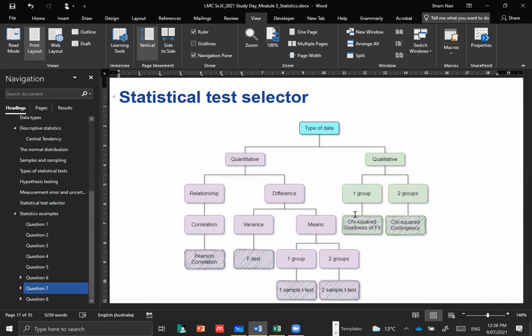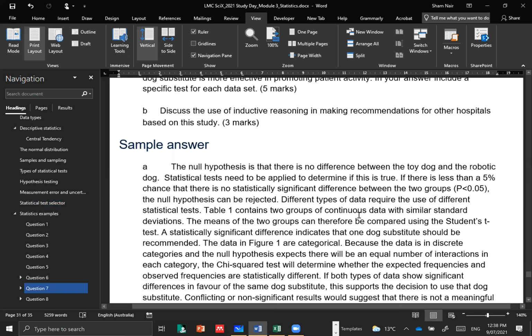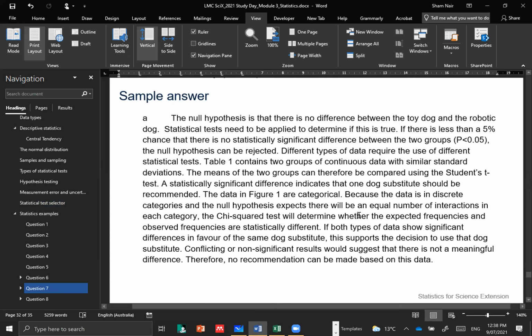Okay, let me go back to that. And here in the sample answer, you can see this part here. Table 1 contains two groups. Okay, let me just stop there. Table 1 contains two groups of continuous data with similar standard deviations. The means of the two groups can therefore be compared with a t-test.